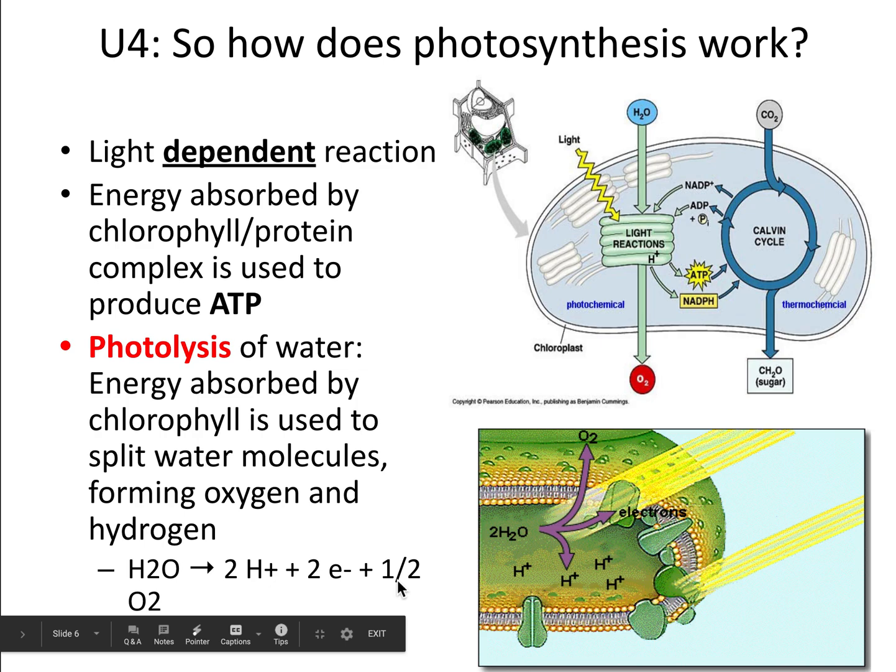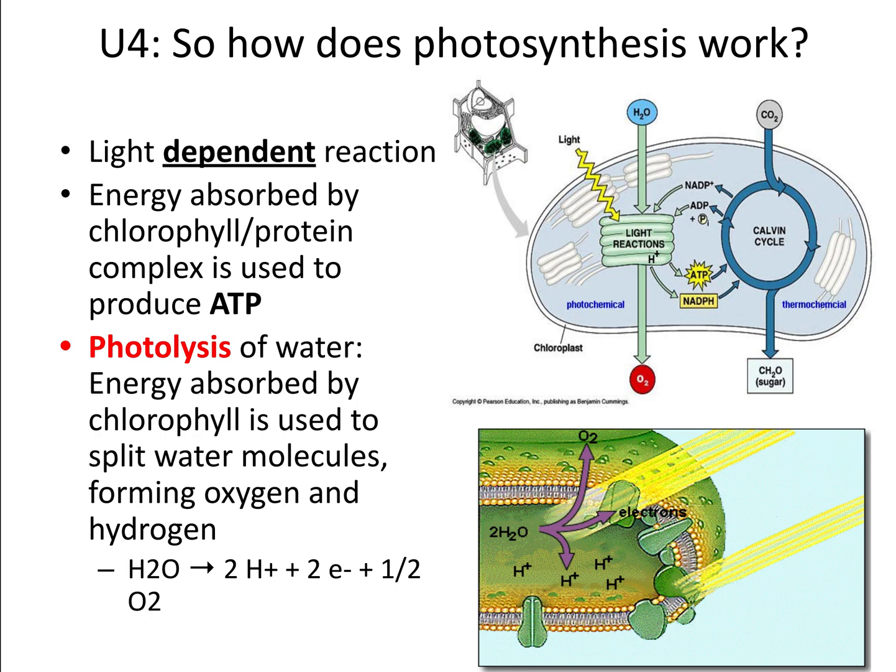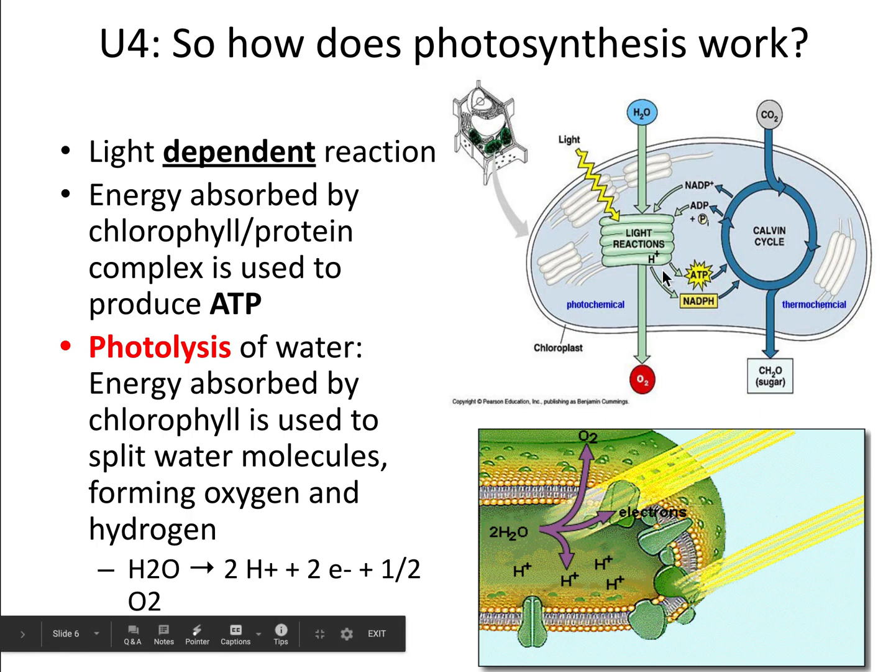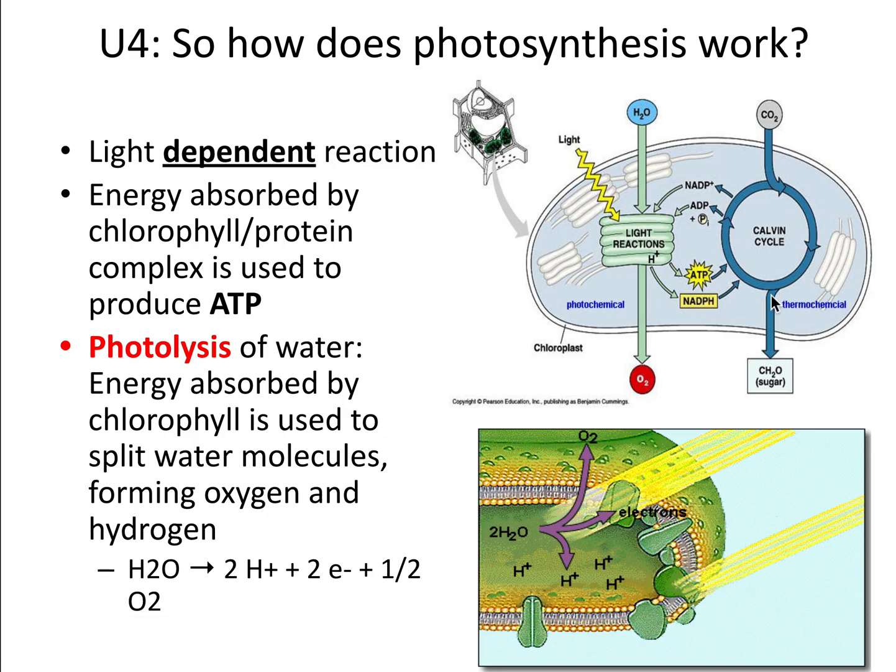Those oxygens are going to combine with each other and create O2 and be released out of the chloroplast into the atmosphere. And then those electrons are going to be used with the hydrogen to make ATP, which is going to start the next cycle, the light-independent part of the reaction here.